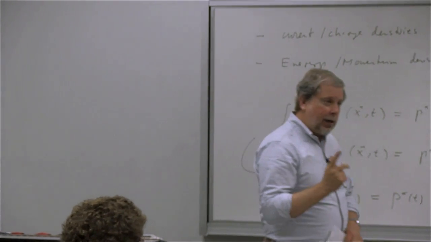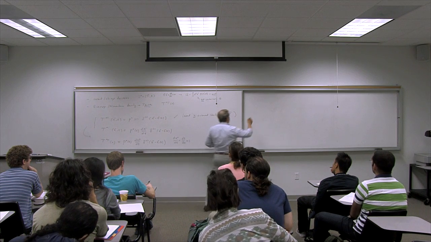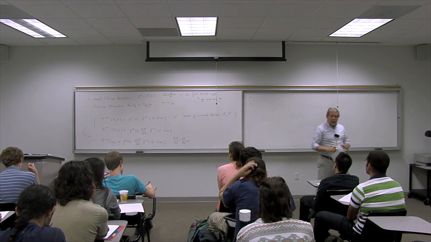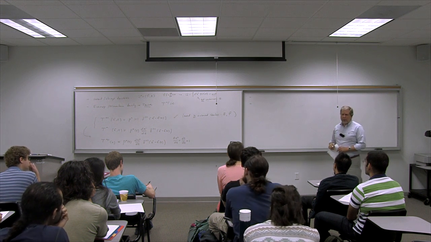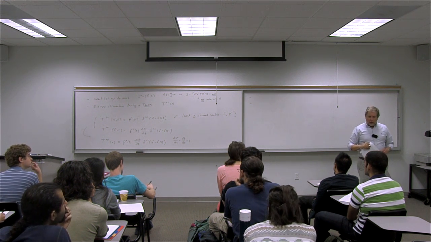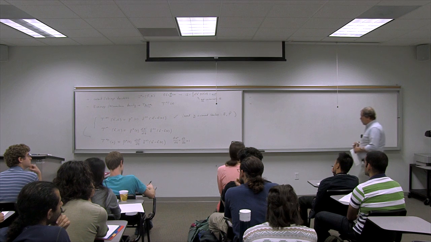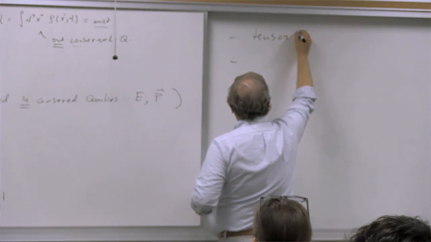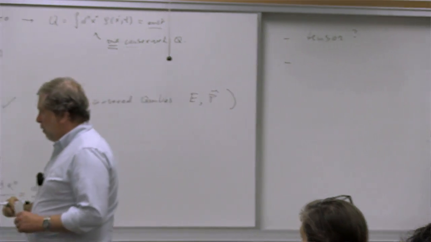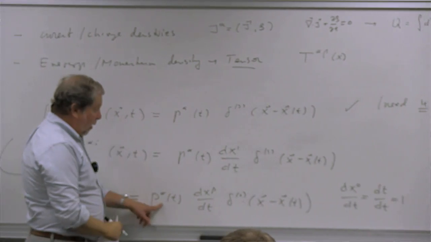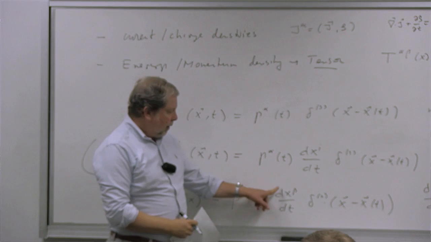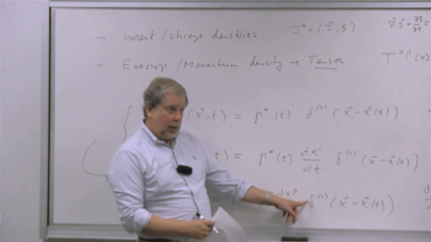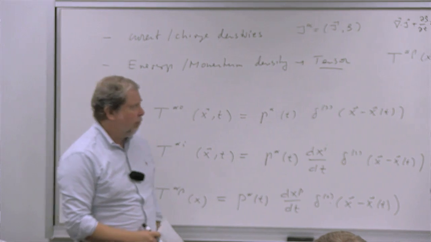And so there are basically two questions that we would like to ask at this point. So question number 1 is the object we just constructed here at the bottom. Is it a tensor? That might not be obvious from what we have, because the P alpha part is okay, but this one is not, because it contains the derivative with respect to time, and also it has a delta 3 function and not a delta 4.